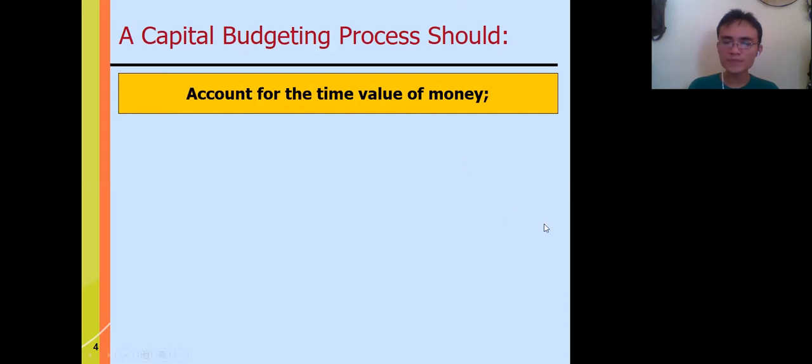A capital budgeting process should, number one, account for the time value of money. A peso that is saved today is worth more than a peso to be saved tomorrow because of interest rates and the interest that would be earned on the money.